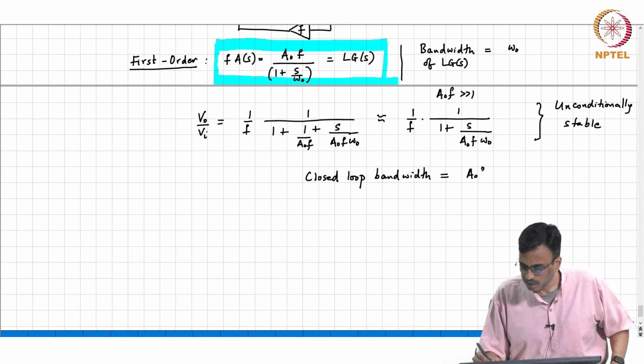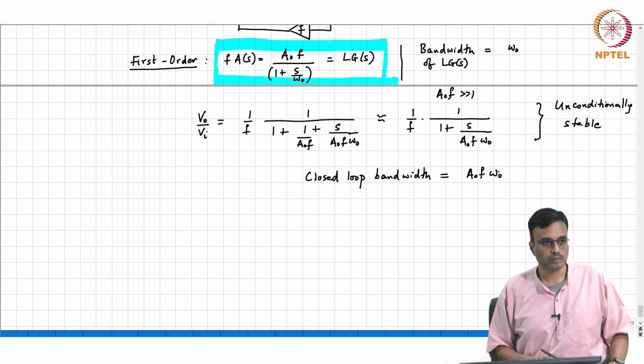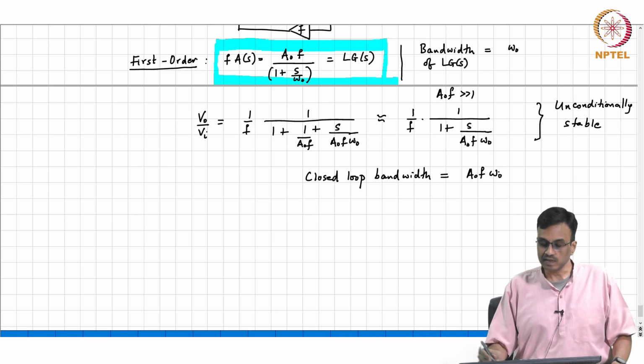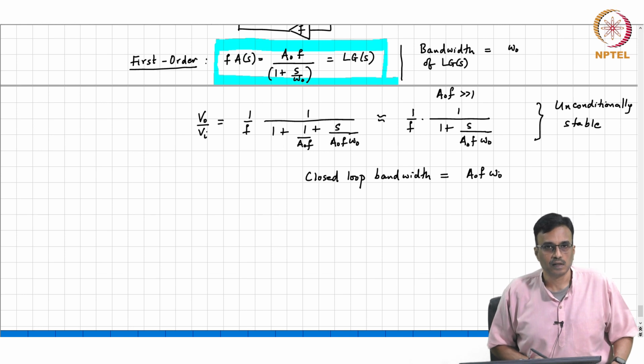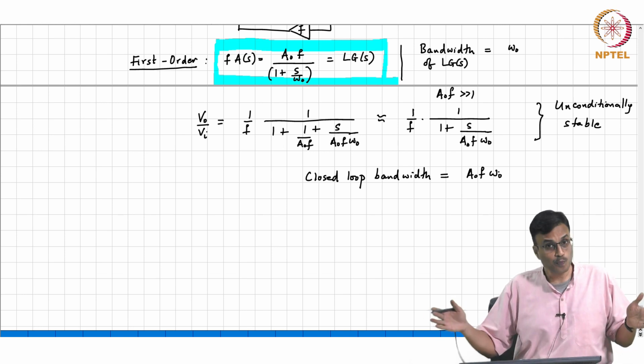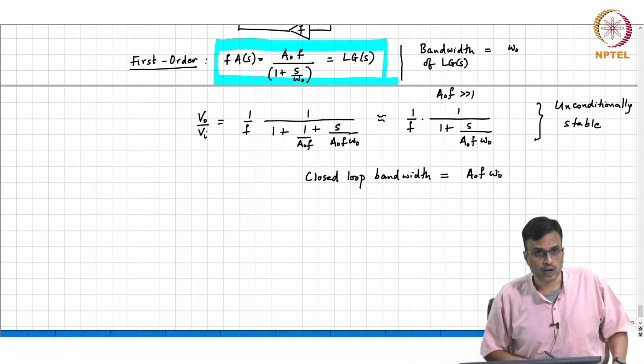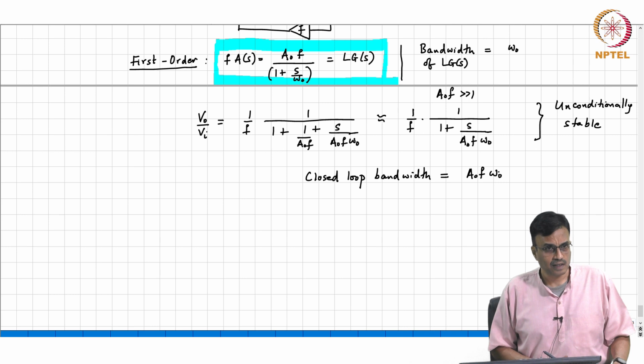A naught F times omega naught. All right. Okay. So what is this telling us?